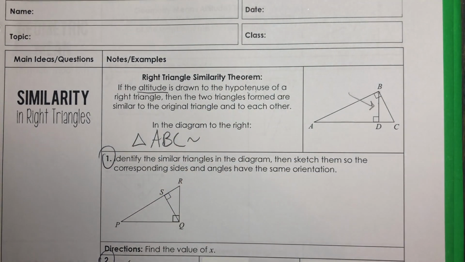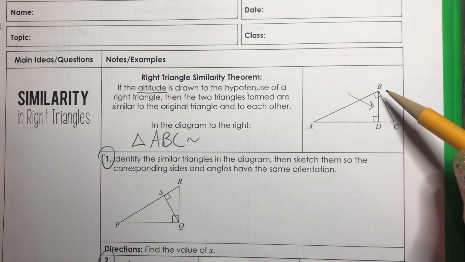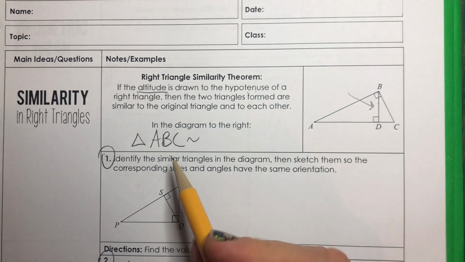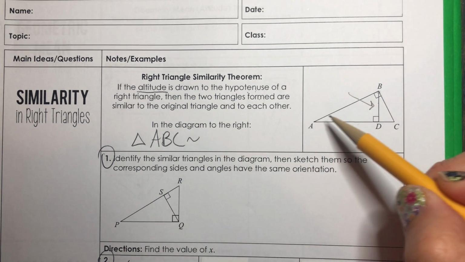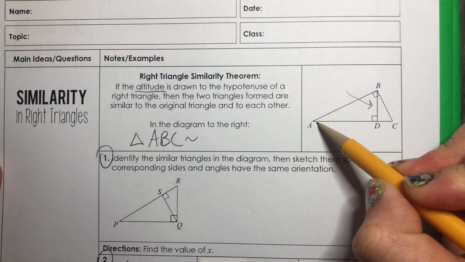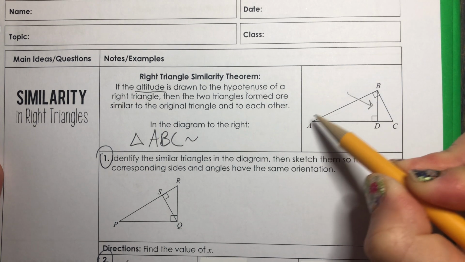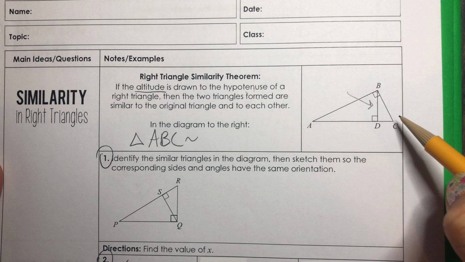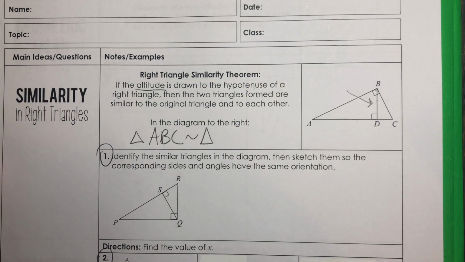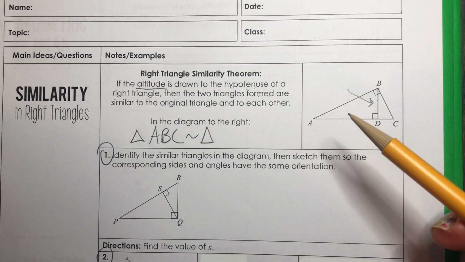is similar to, now we've got these two created within triangle ABC. And since I named ABC the way that I did, all right, I named it by naming the longer leg and then the shorter leg, okay, A to B and then B to C. So for my next triangle name, I'm going to have to use the same order, all right?